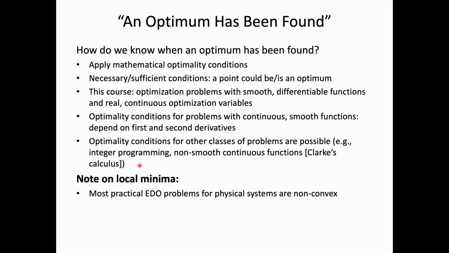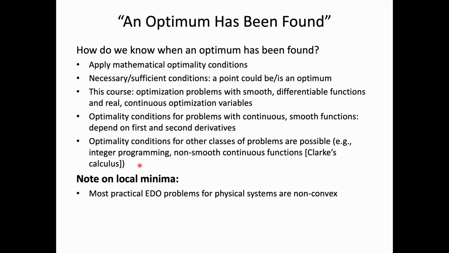As we went through previously in the section on mathematical preliminaries, when we have a problem that is non-convex, we don't have a guarantee that if we find a local minimum, it's going to be a global minimum. So in general, these non-convex problems are quite hard to solve.